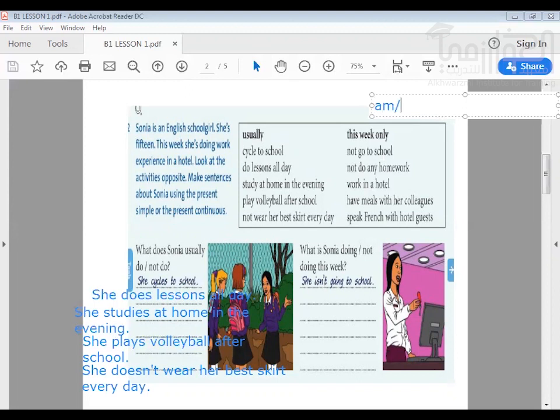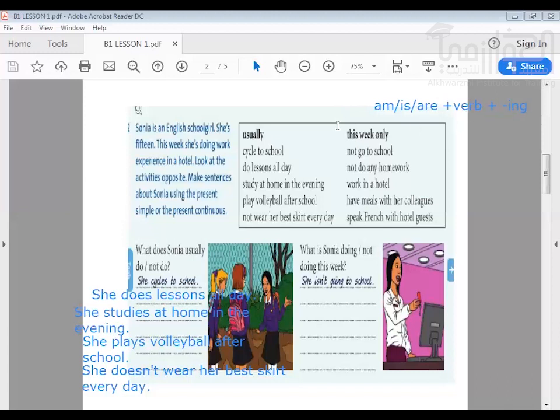Am, or is, or are, plus verb plus ing. This is what we have to use in writing all the sentences. Am, is, are, plus verb plus ing.